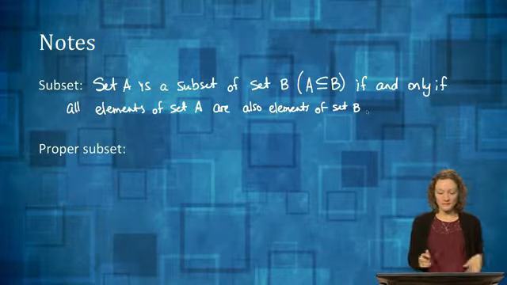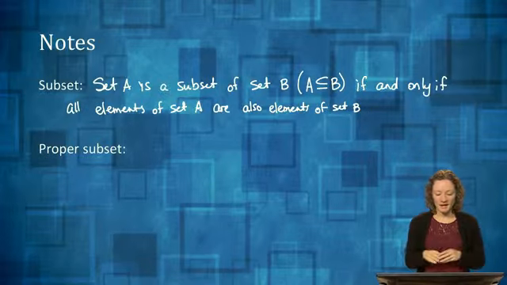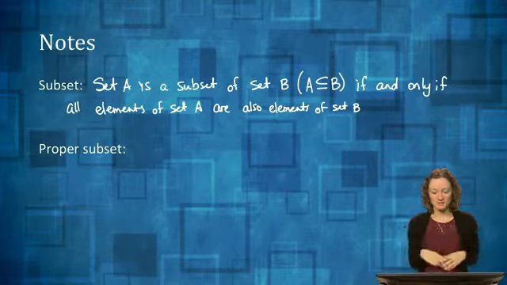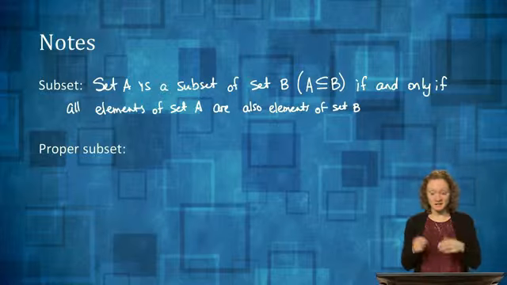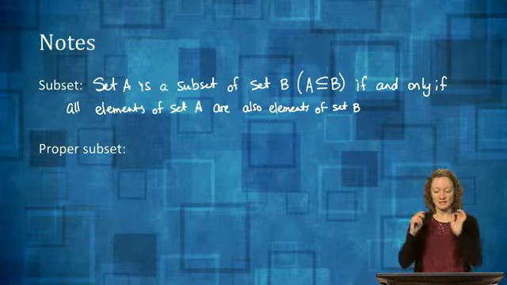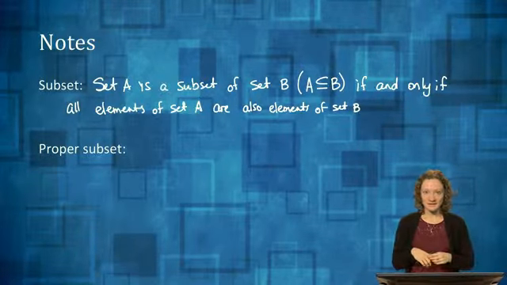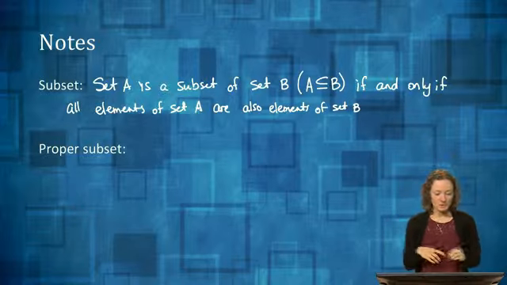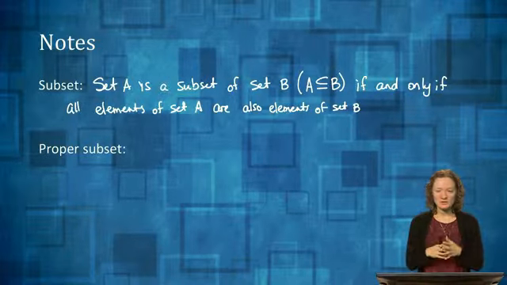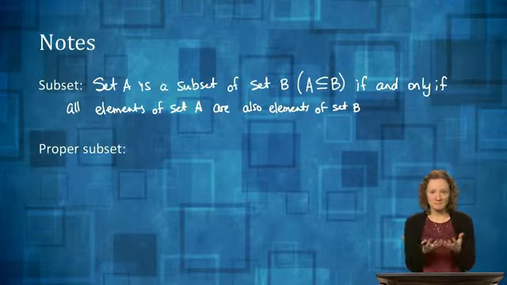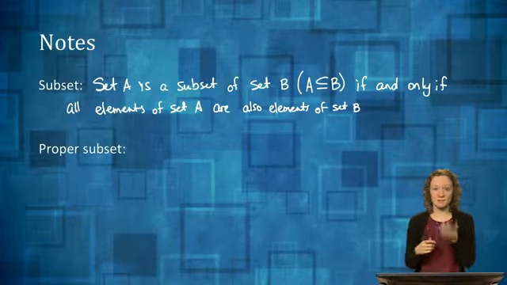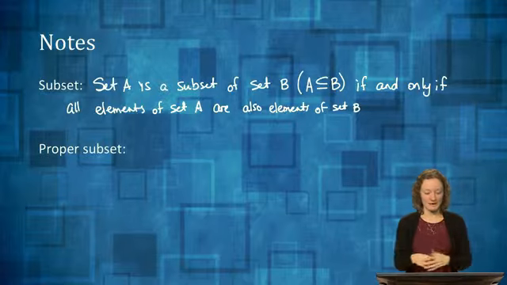So for a subset, we'll have one specific set, set A or set B, and for set A to be a subset of that, all the elements that are in set A have to also be in set B. You can think of a subset as sort of taking, maybe you have 5 different pieces of candy and you're trying to decide if you want to hand them out or not and how you would want to hand them out.